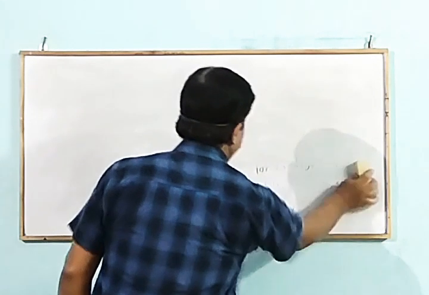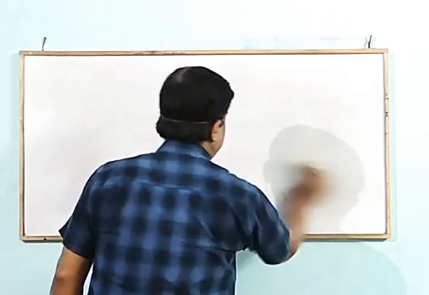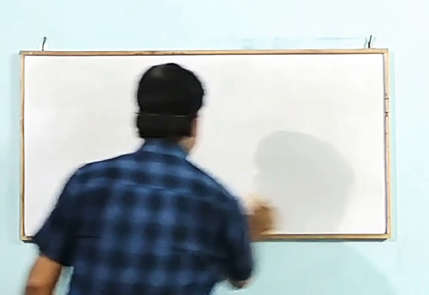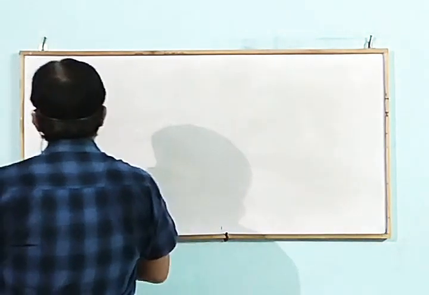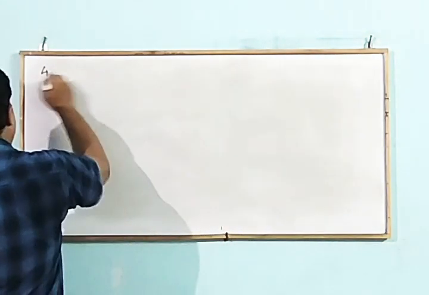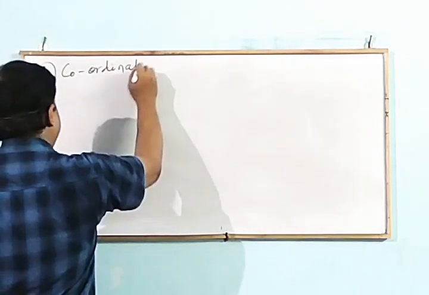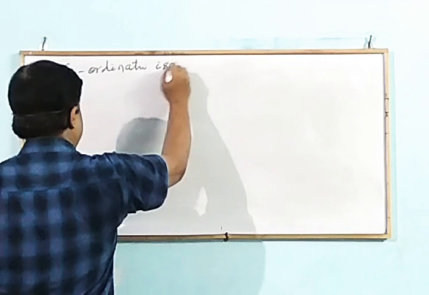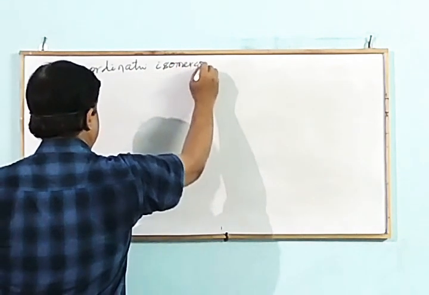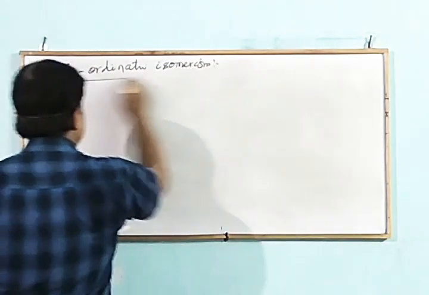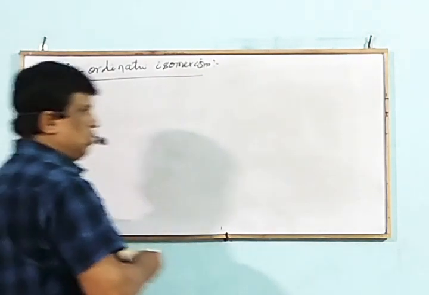Move to the last one. The last isomerism is known as coordination isomerism. Fourth one, coordination isomerism. What is coordination isomerism?